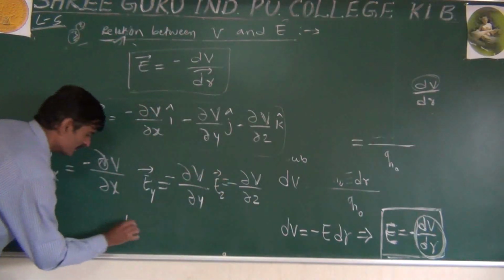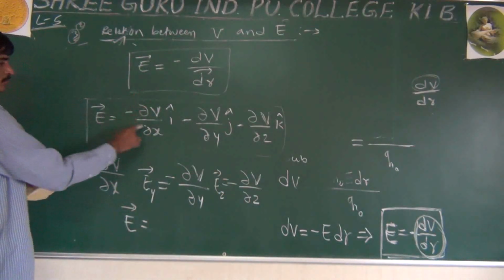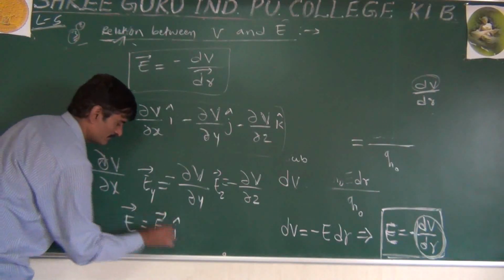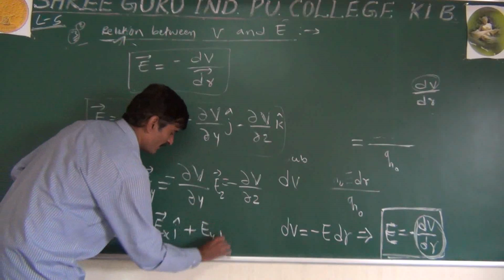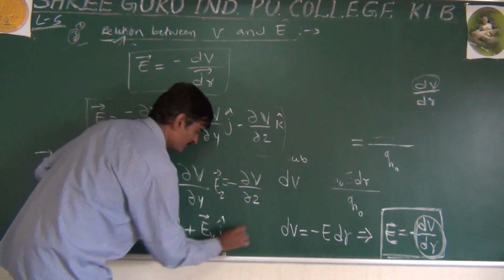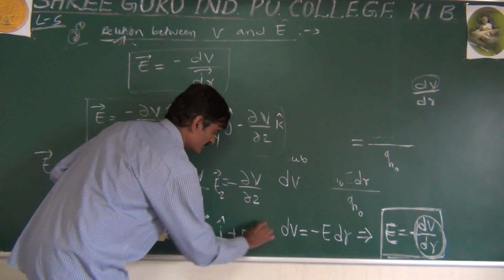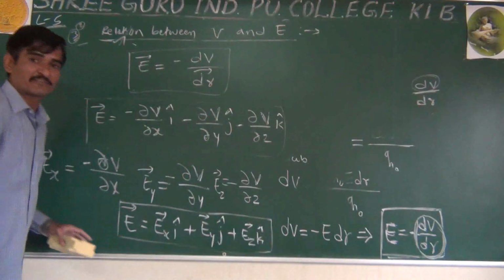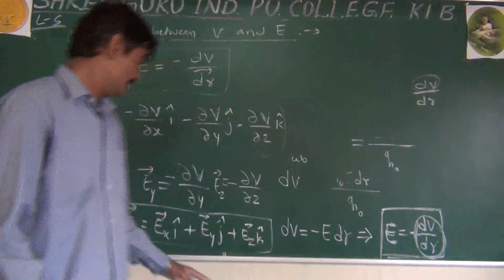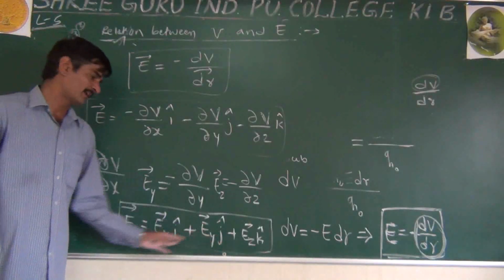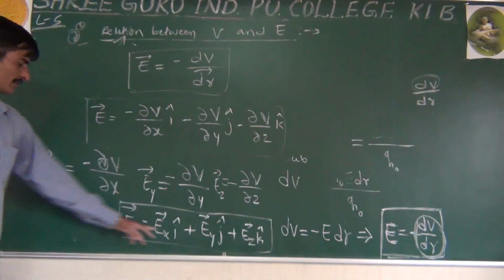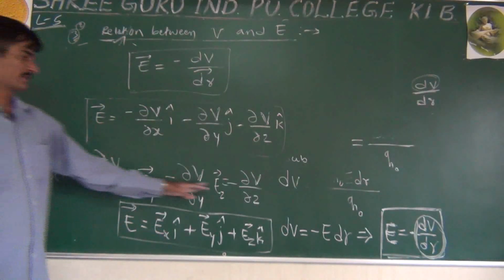So therefore electric field intensity vector E is equal to Ex i cap plus Ey j cap plus Ez k cap. This is how we will write. Electric field intensity is a vector quantity. You can explain it in a coordinate system, i cap j cap k cap. Then you get the formula like this. So you can write like this.